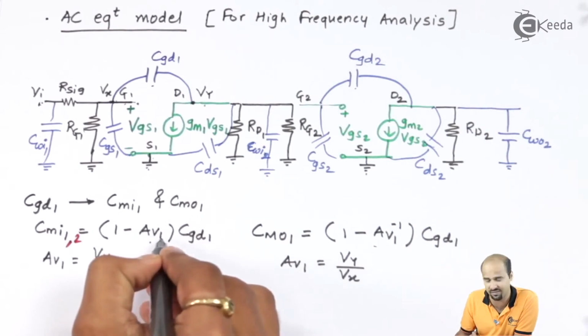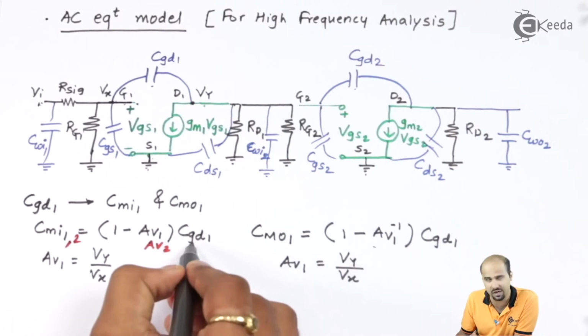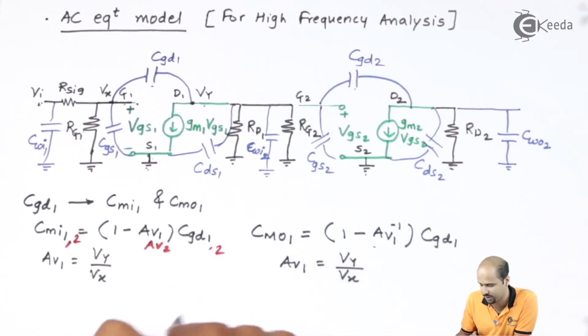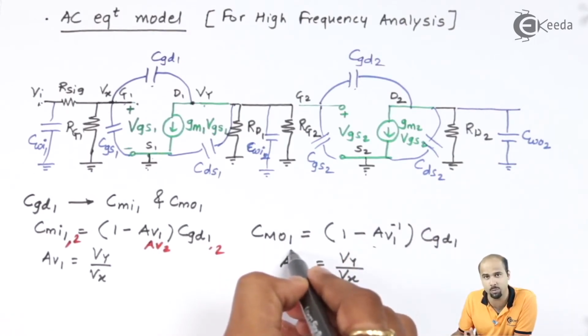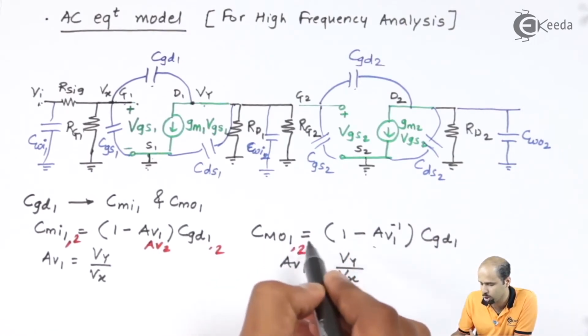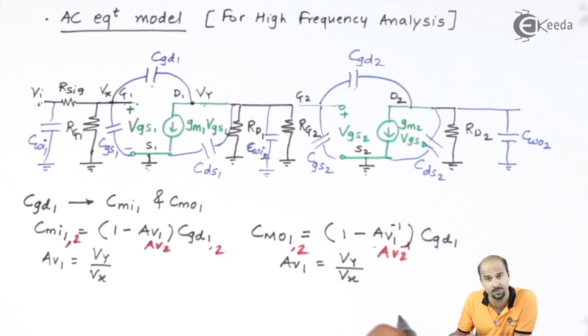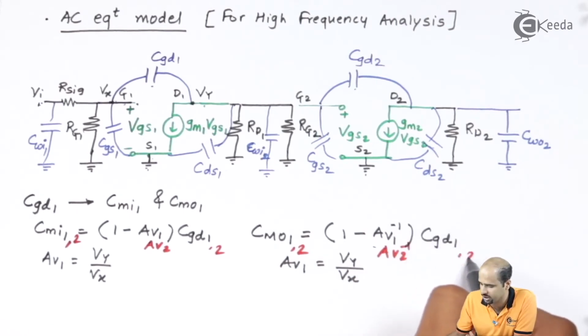Instead of AV1 I will use AV2, and instead of CGD1 I will use CGD2. Similarly, instead of CMO1 I will write CMO2, and instead of AV1 inverse I will write AV2 inverse. CGD1 is replaced with CGD2.